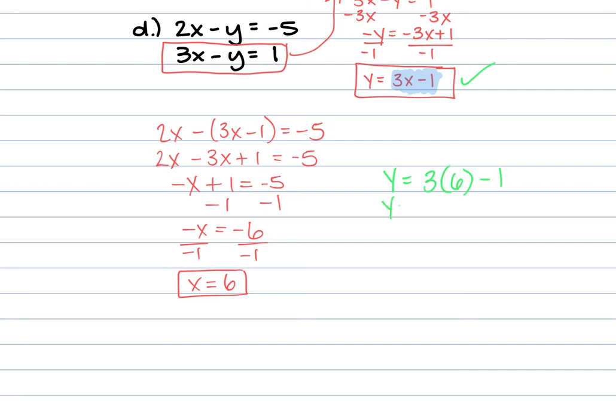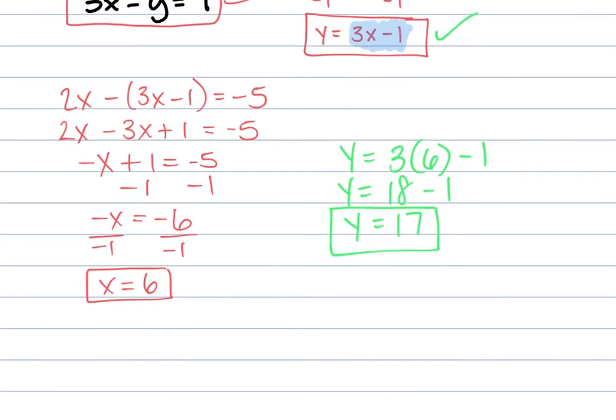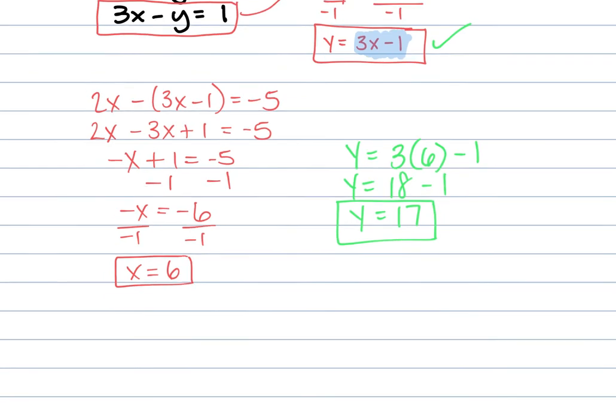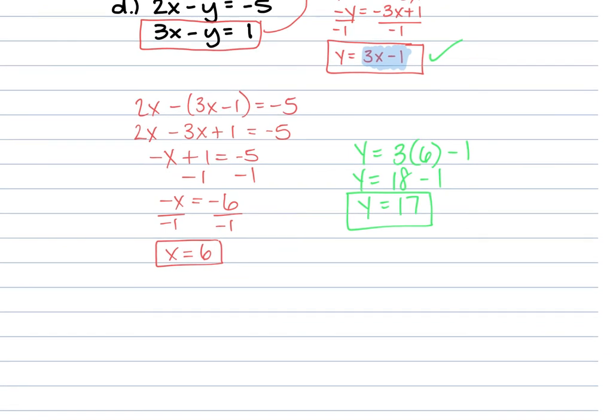What do you get? 18, so 17. Perfect. What's my final answer, Joseph? It is going to be (6, 17).